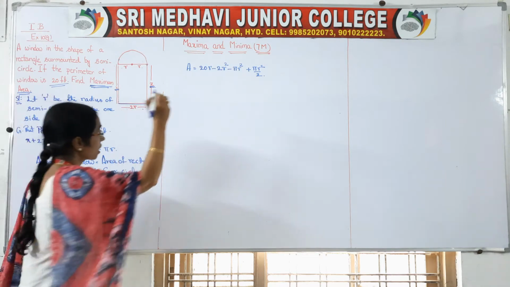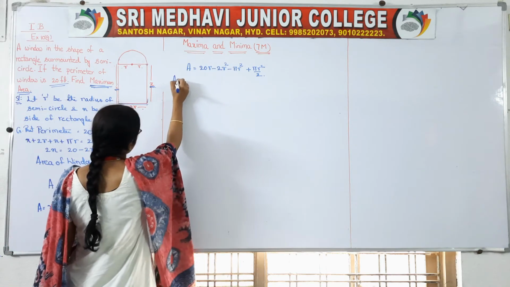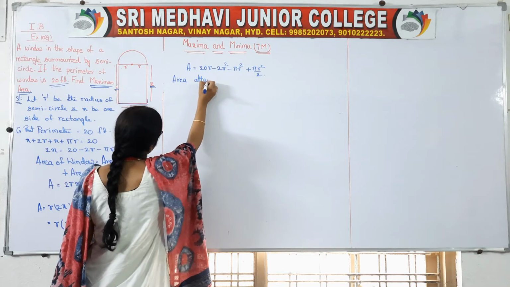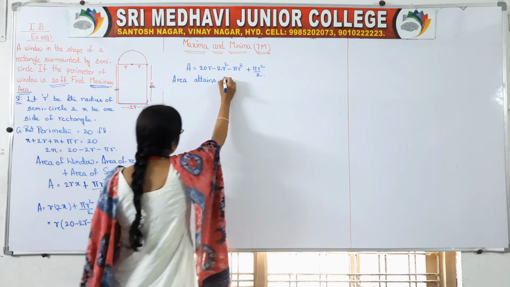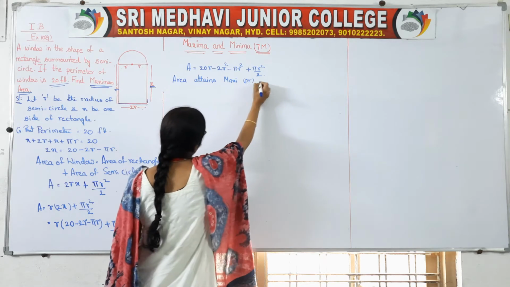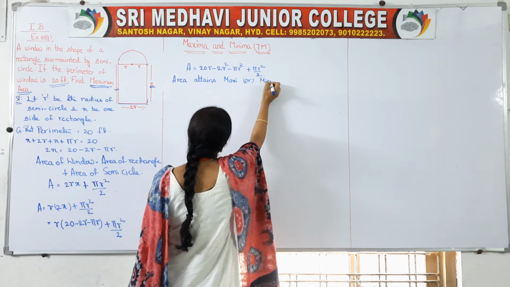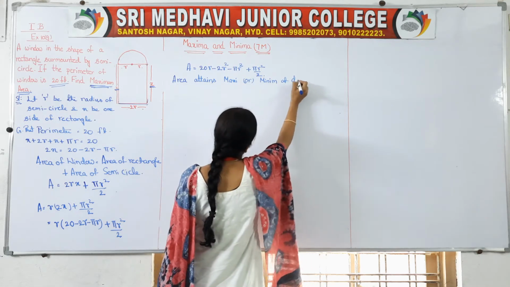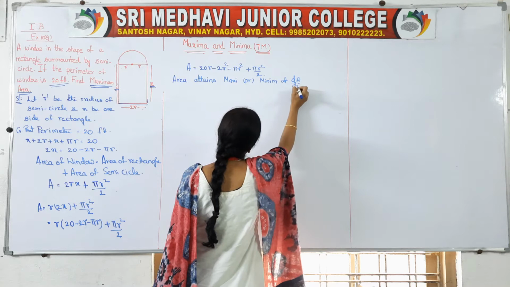So area attains maximum or minimum at dA by dr. Why dr?